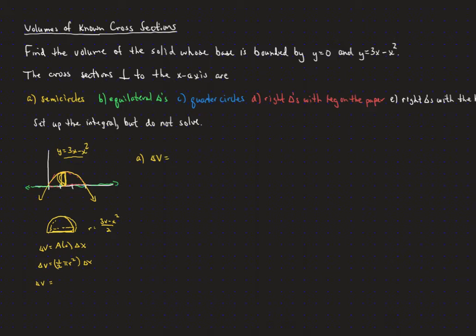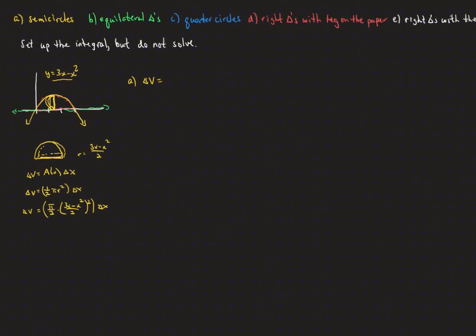So that's going to make our area 1/2 pi r squared. I'm going to combine the 1/2 and the pi and call that pi over 2 times, and then our radius is going to be this 3x minus x squared over 2, squared, times our delta x. So I'm going to slide that up a little bit.